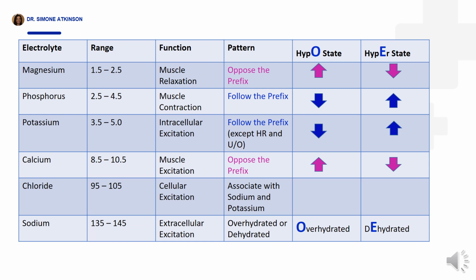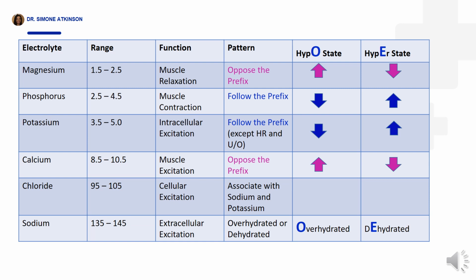With phosphorus and potassium, except for the heart rate and urine output with potassium, they follow the state. So in a hypostate of phosphorus and potassium, things will also be slow. Decreased cardiac contractility, so heart failure and shock would be seen with low phosphorus.